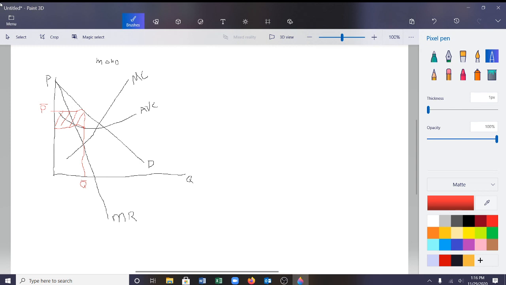And then the per unit cost will be at the average total cost curve. I made a mistake here. This is the average total cost here. Glad I'm going over the average total cost, not average variable cost. And that describes the cost of production at that point.